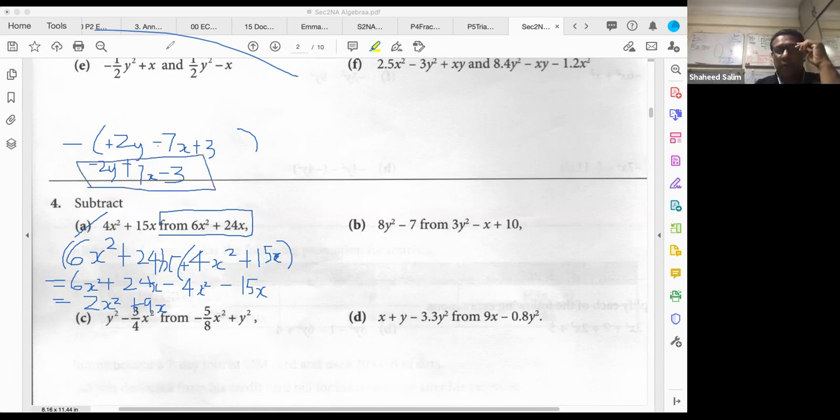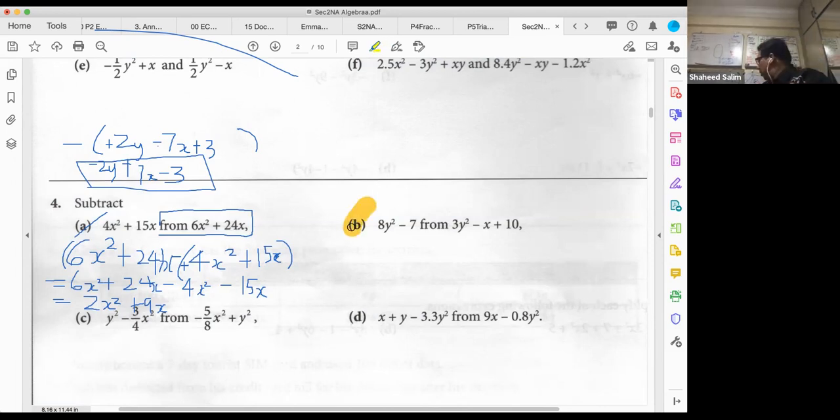Okay, we are going to move on to the next question, which is this one. We do B. You try B. I suggest, remember, from is in front, put a minus like that, put a bracket. It might be easier for you.